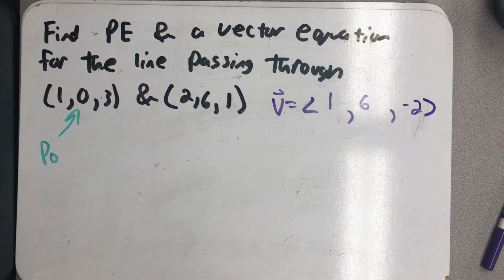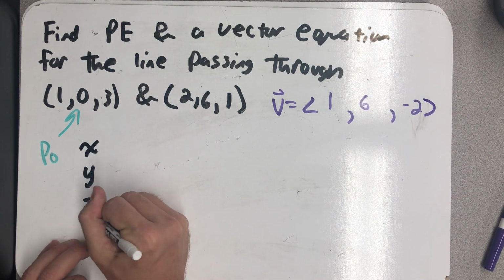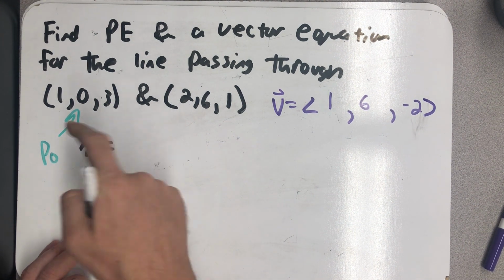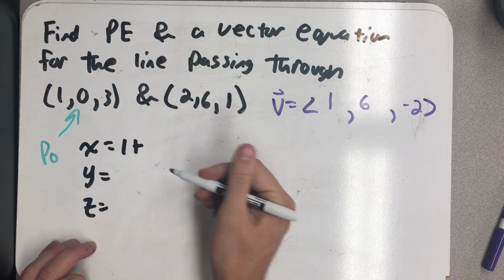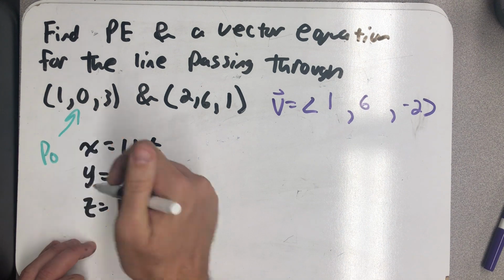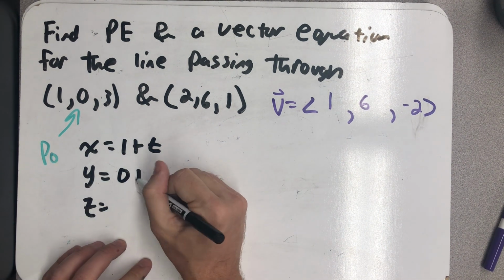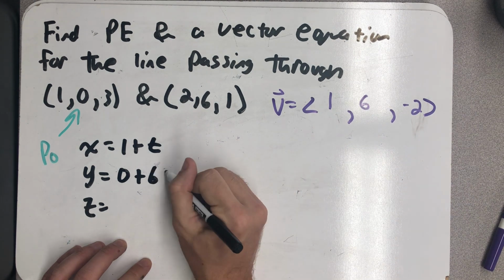Okay, so I have everything I need to write down the parametric equations for this line. x equals x naught plus t v1. y equals y naught, probably wouldn't even usually write that 0 down, plus 6t.